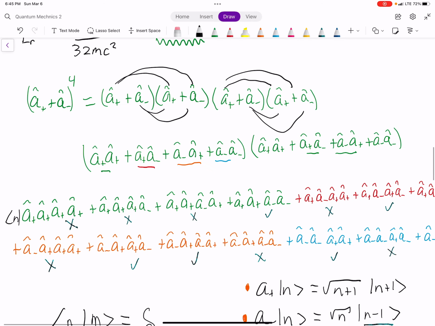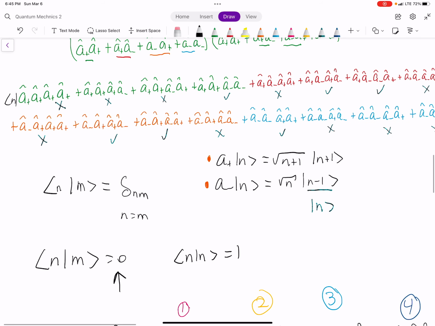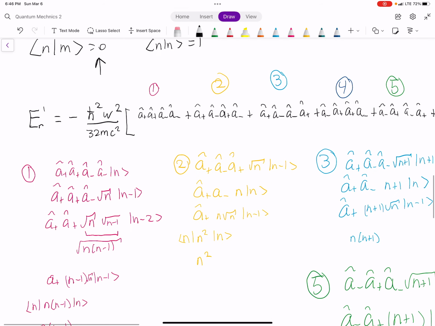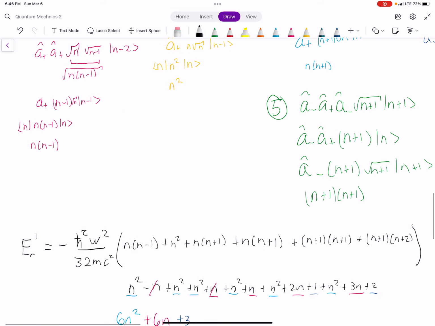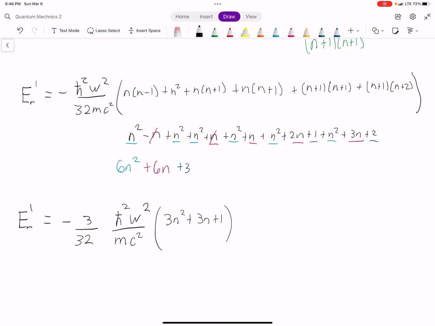We used the eigenvalue equations for our raising and lowering operators on our hydrogen atom. Or this isn't the hydrogen atom, but it works for our harmonic oscillator, sorry. And we used the fact that the inner product between n and m is the Kronecker delta. With that, we were able to simplify this absolute mess. We used, like I said, the eigenvalue equations. We substituted it in. We simplified as much as we can, and we were able to get this energy correction.